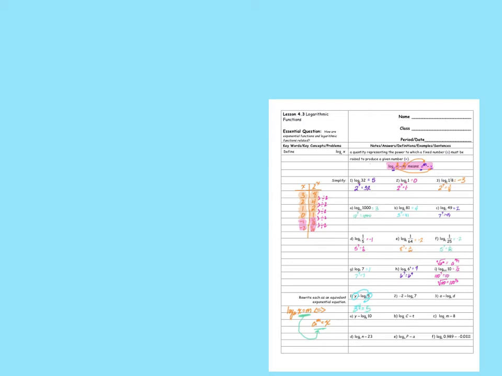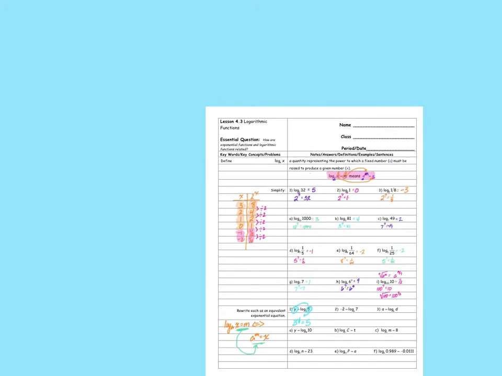I'm just switching the places of the y and the 5, and the 3 becomes the base of my exponent. So once again, what's the base of my exponent? Well, the base of my exponent is a.